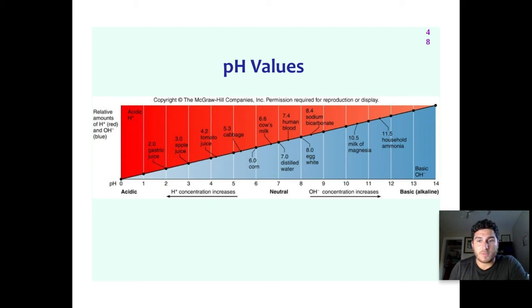What's in the middle of 0 and 14? 7. As you move towards the 14 side, you become more basic. You have less hydrogens, more hydroxides. As you move towards the left-hand side, towards 0, you become more acidic. You have more hydrogens and less hydroxides.